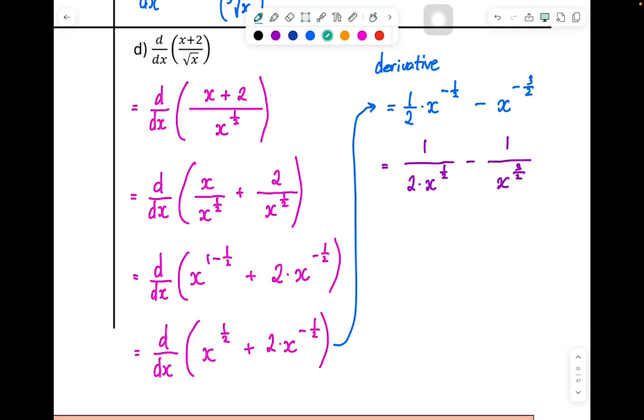You can leave your answer like this, but again, just in case you need to substitute an x value in, the denominator of 2 is the square root of x, and then you've got raising everything to the power of 3.